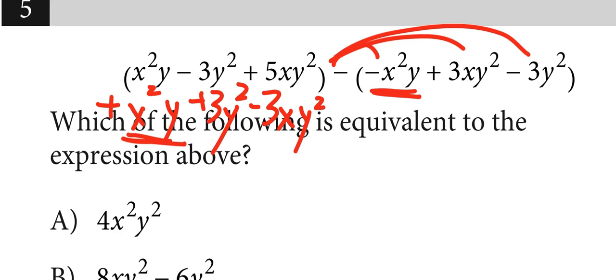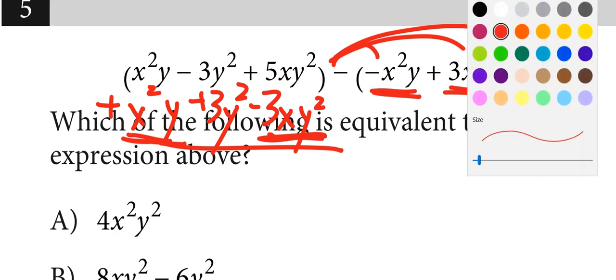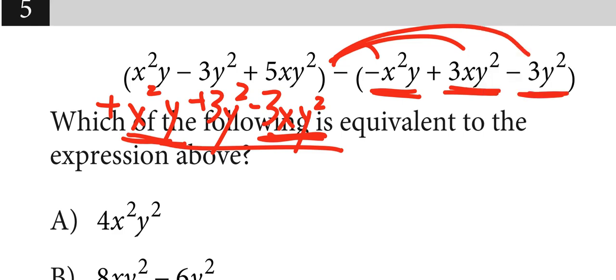In other words, I'm putting them in like columns. Then when I distributed the negative to the next one, 3xy squared, it became negative, but I put it in the same column with the like term there. And then when you distribute the negative to the last one, it becomes positive, and I put it in its own column. And of course, what do we notice with that middle column?